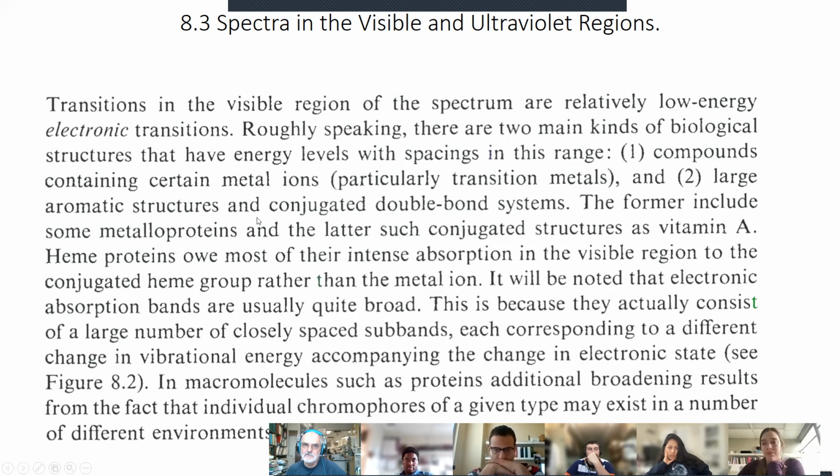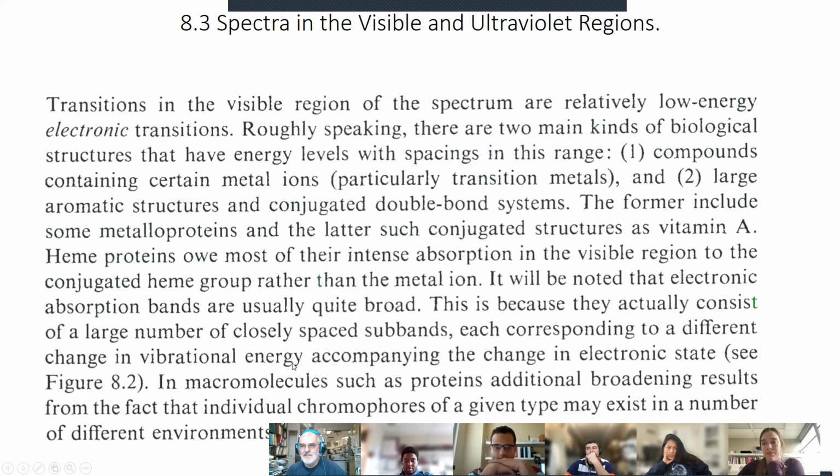And then some systems are these aromatic conjugated double bond systems, think heme, for example, okay? So they say metalloproteins and conjugated structures like vitamins. Heme proteins owe much of their absorption to conjugated hemes rather than the metal iron, although the iron certainly contributes. All right. They're usually very broad bands because they consist of lots of subbands, lots of potential vibrational states.